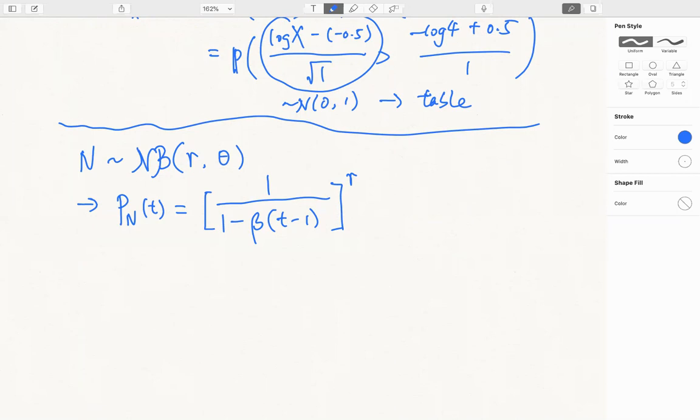From here, what do we know? From the equation, beta is 1 minus theta divided by theta. It is a short notation to make it look better in the probability generating function.